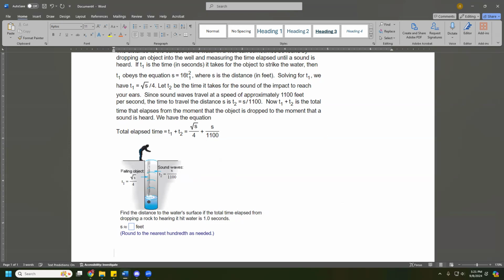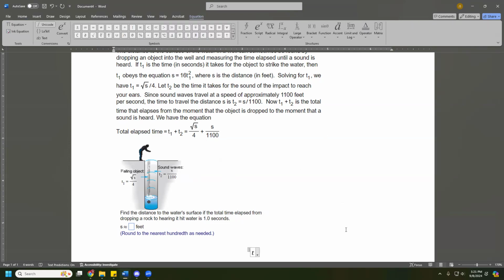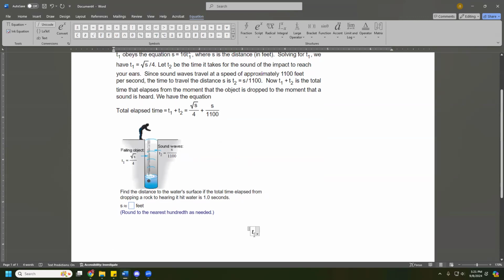I'll just use T, regular T, to describe the total time, instead of splitting it up into time 1 and time 2. That's going to be square root S over 4 plus S over 1100. You're probably more used to this as f of s or even f of x, where instead you would write this as x.